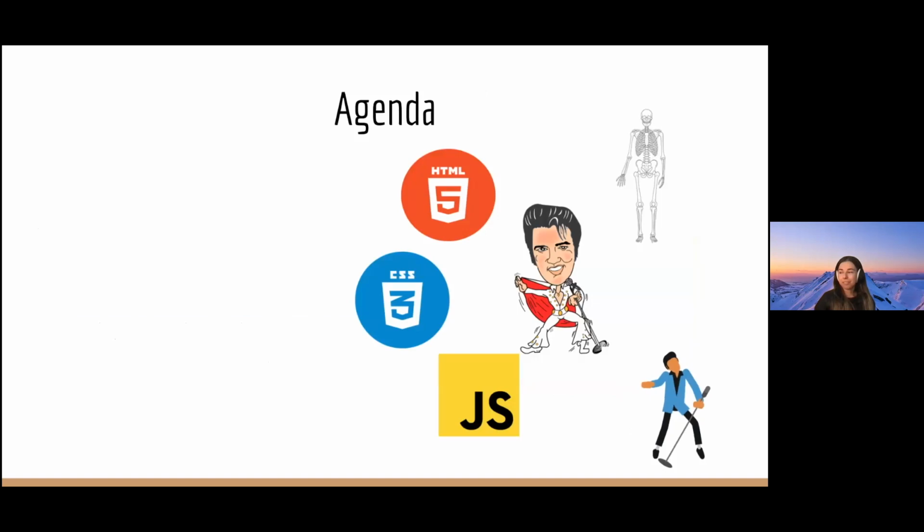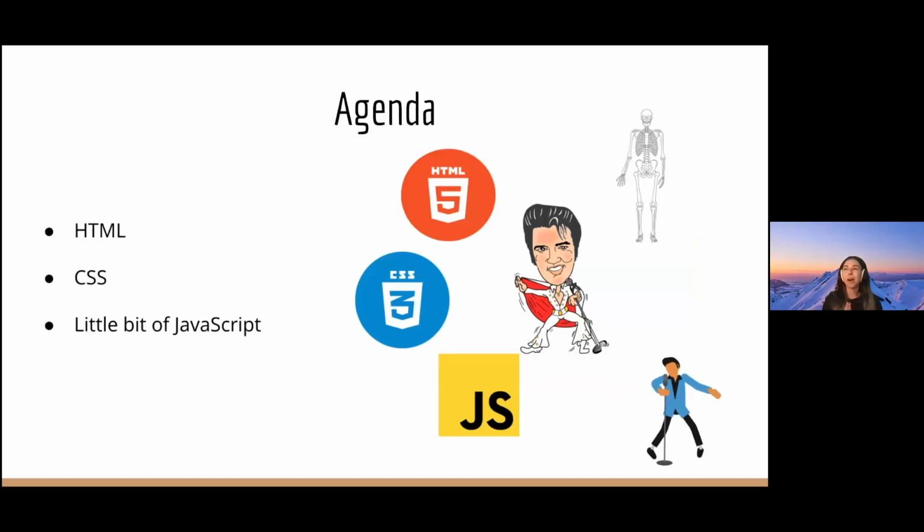Our agenda for the day: today we're going to be going over HTML, CSS, and a tiny bit of JavaScript. As you can see on the right side of this slide, next to my HTML, I have this skeleton. HTML is really the backbone of a web page, the skeleton, the structure of it.